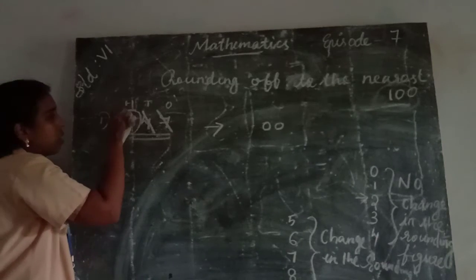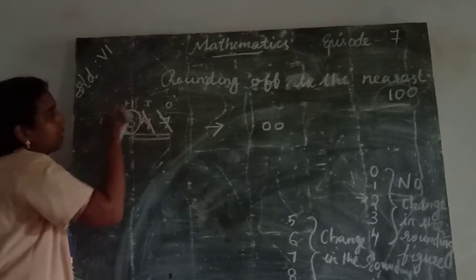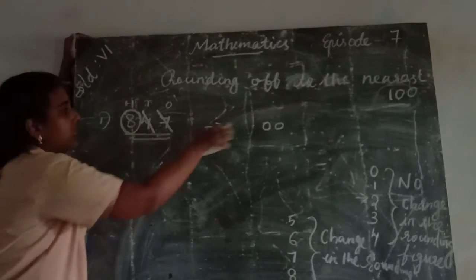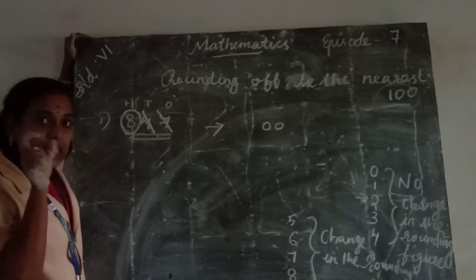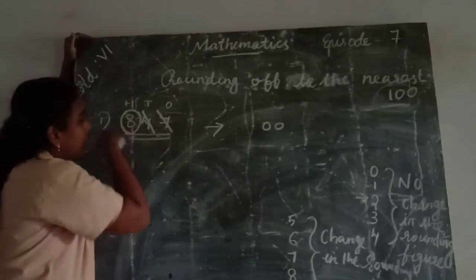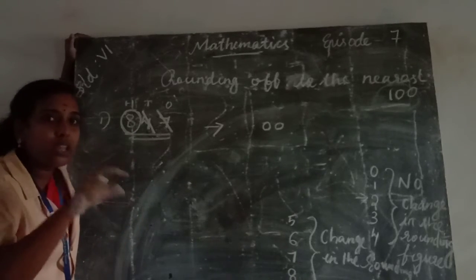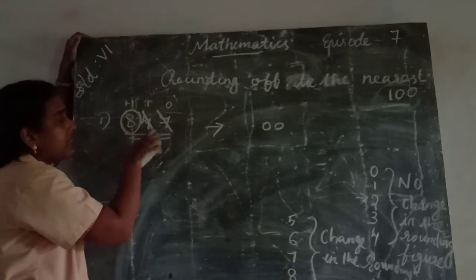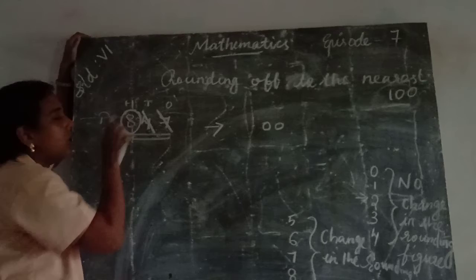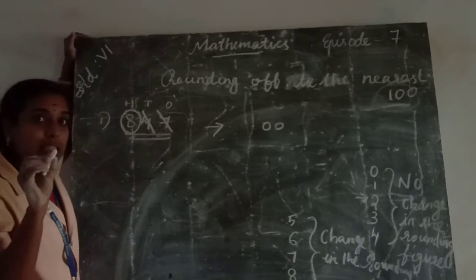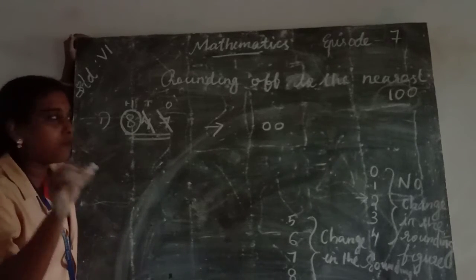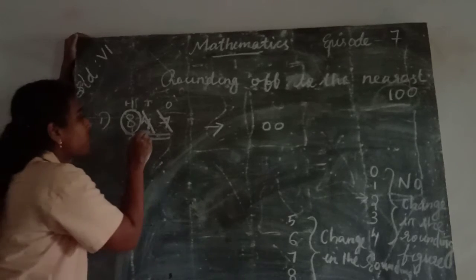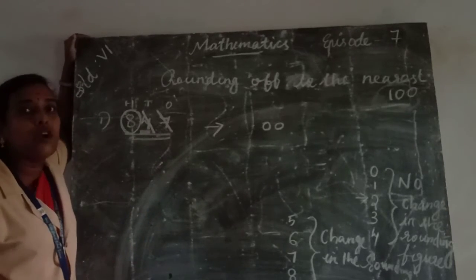For writing the rounded digit in the rounded position, we just look at the digit that comes just before the rounded digit. Here 2 digits come before it, and the digit just before the rounded digit is 4.